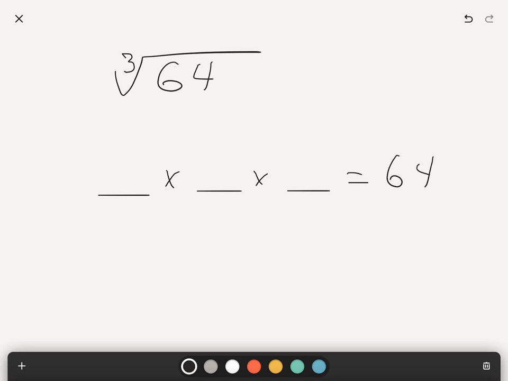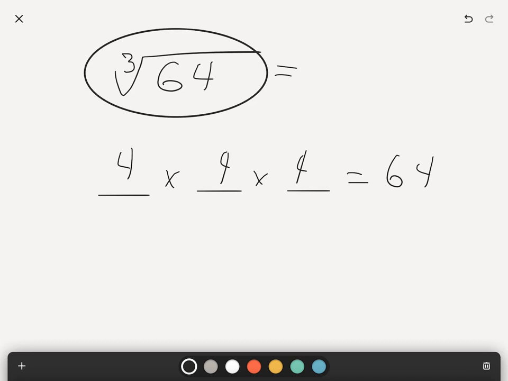Which is, anyone who has not answered a question yet today? 4? Yeah, so 4 times 4 is 16, 16 times 4 is 64, therefore the cube root of this would be 4.